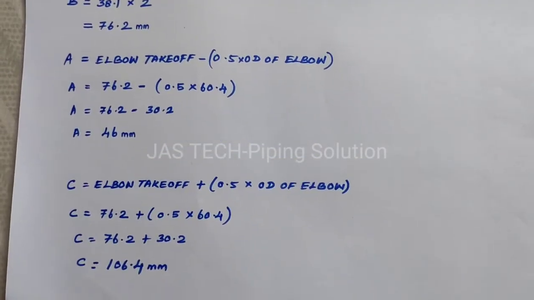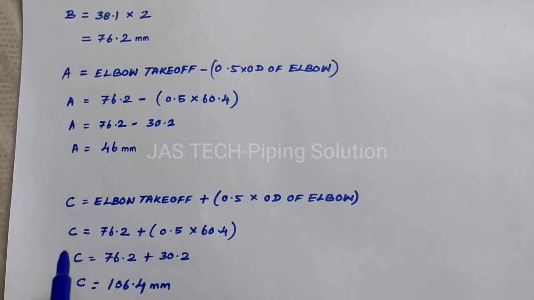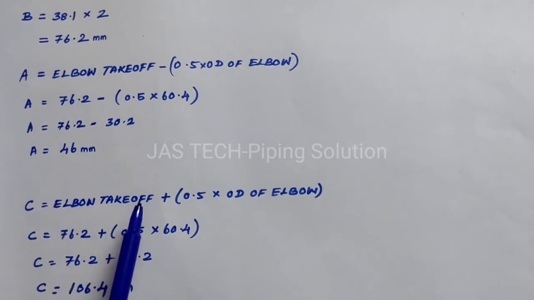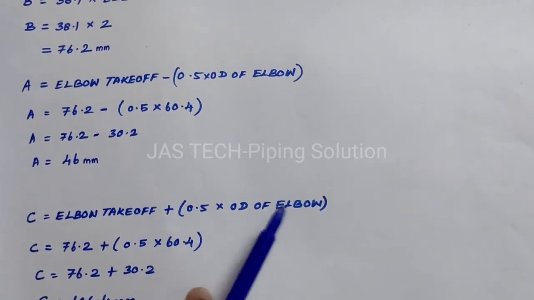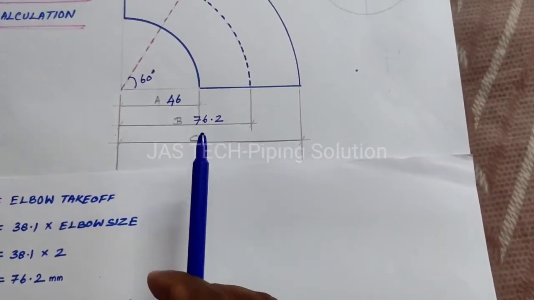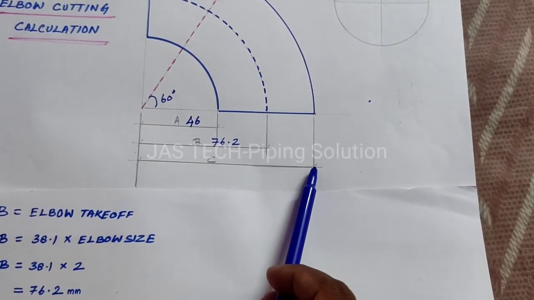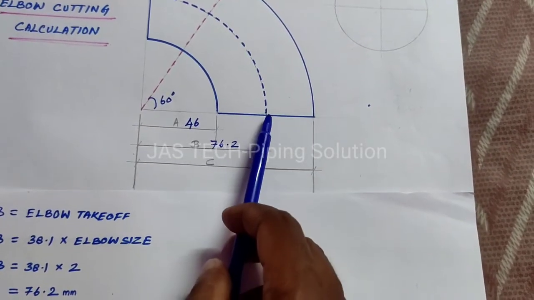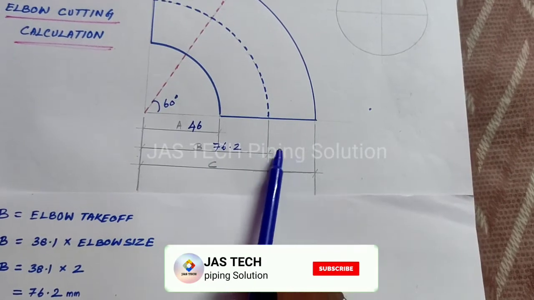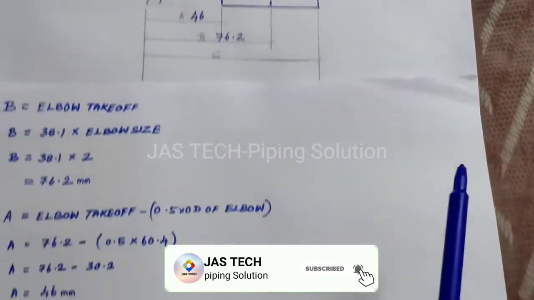So A equals 46 mm. Last one, the third one, distance C. C equals elbow takeoff plus half OD of elbow. See here, distance C equals elbow takeoff plus half OD of elbow.